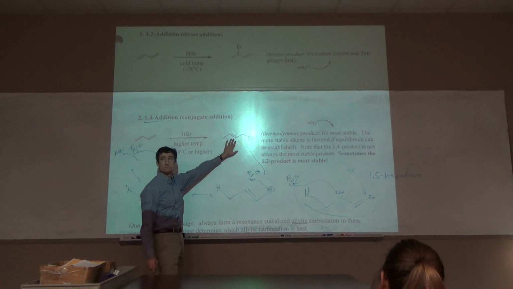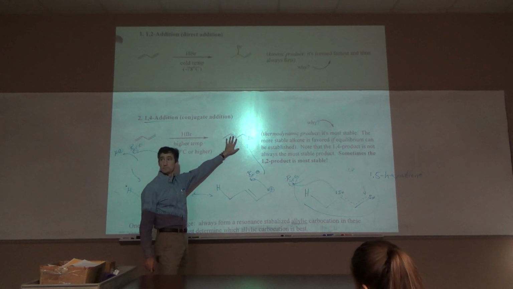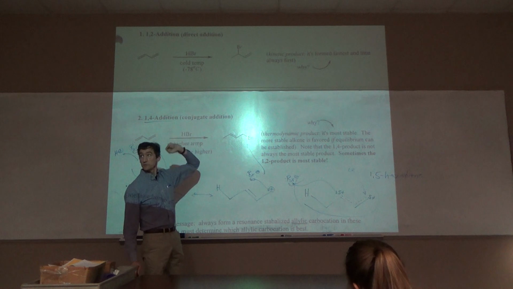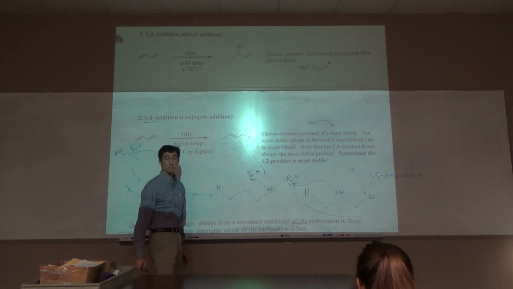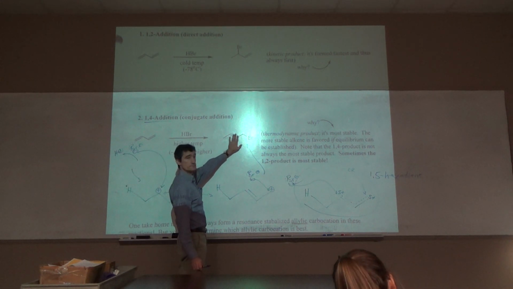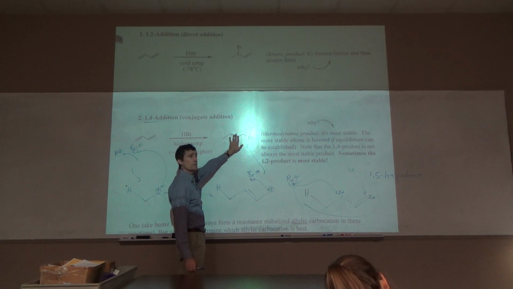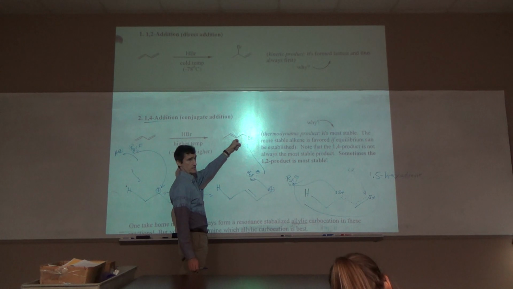Bottom, why? Disubstituted. The one above is monosubstituted, right? Just like we judge. Yeah. More stable. More stable, we call it the thermodynamic product. The more thermodynamically stable product. But it ain't formed fastest.